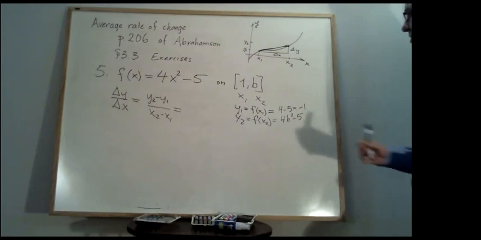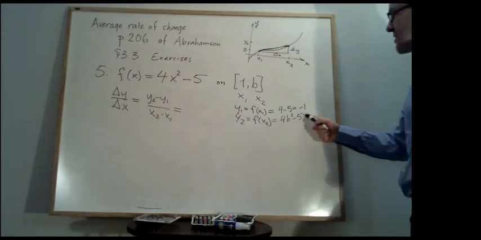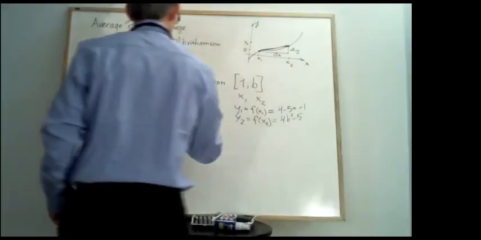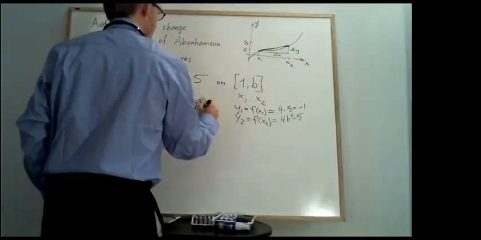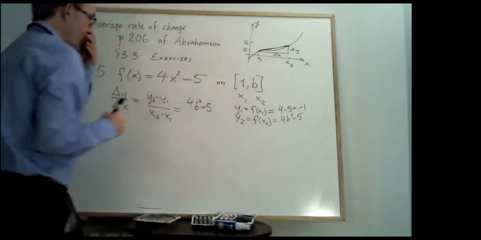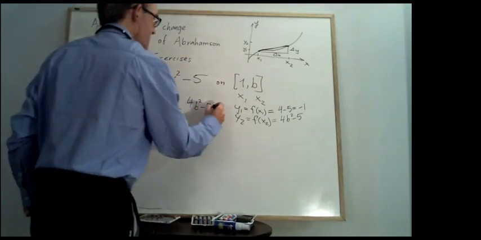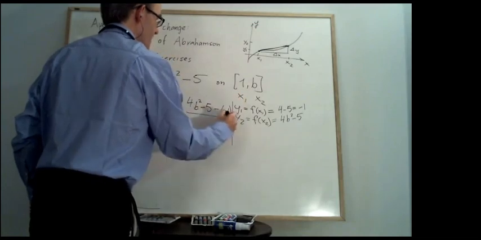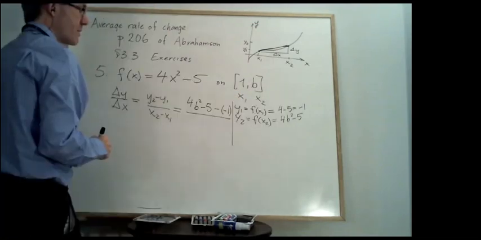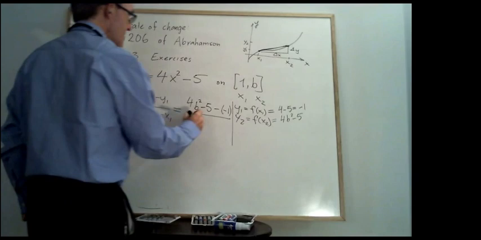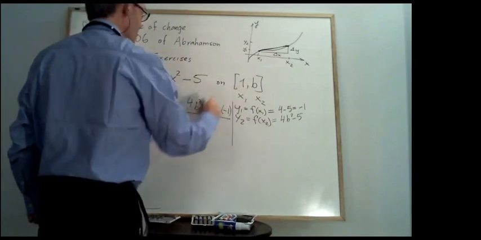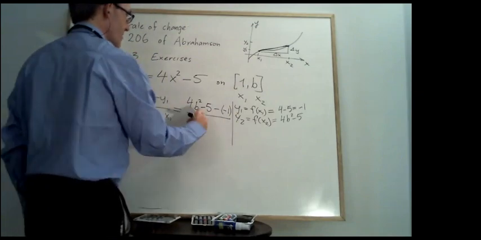Now take the y's and subtract, the second minus the first one. Note there's a negative sign; the two minus signs cancel, giving you a plus sign. And at the bottom we get b − 1.